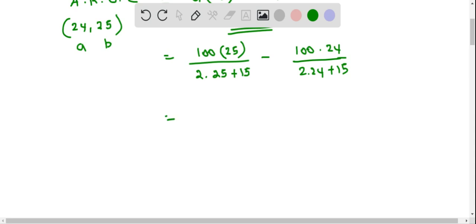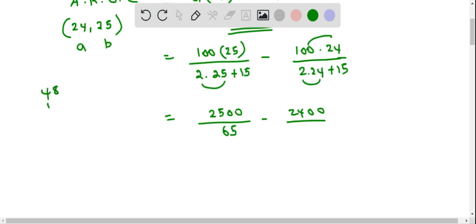Let's simplify this. Once again this is going to be 2500 over 50 plus 15 is 65, minus 100 times 24 is 2400, over 24 times 2 is 48 plus 15, which gives 63.